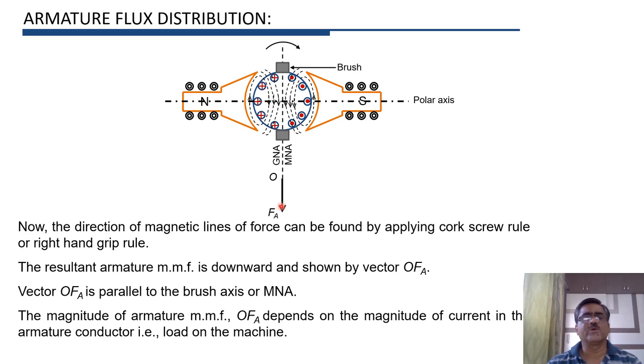So as the armature current increases, the armature MMF will also increase. Means this armature MMF depends on load on the machine. So as the machine is loaded or as the load is increased, this armature flux will also increase.